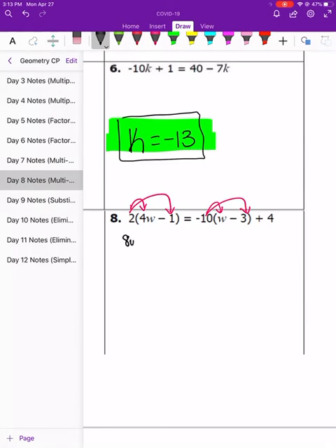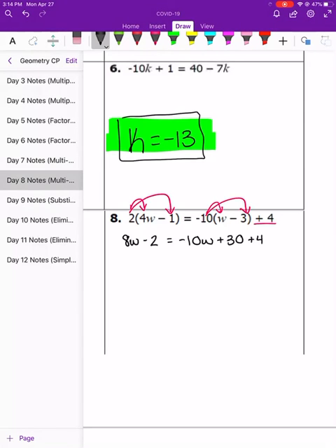So 2 times 4w is an 8w. 2 times negative 1 is negative 2. Negative 10 times w is a negative 10w. Negative 10 times a negative 3 is a positive 30. And then don't forget that you guys have this plus 4 over here.